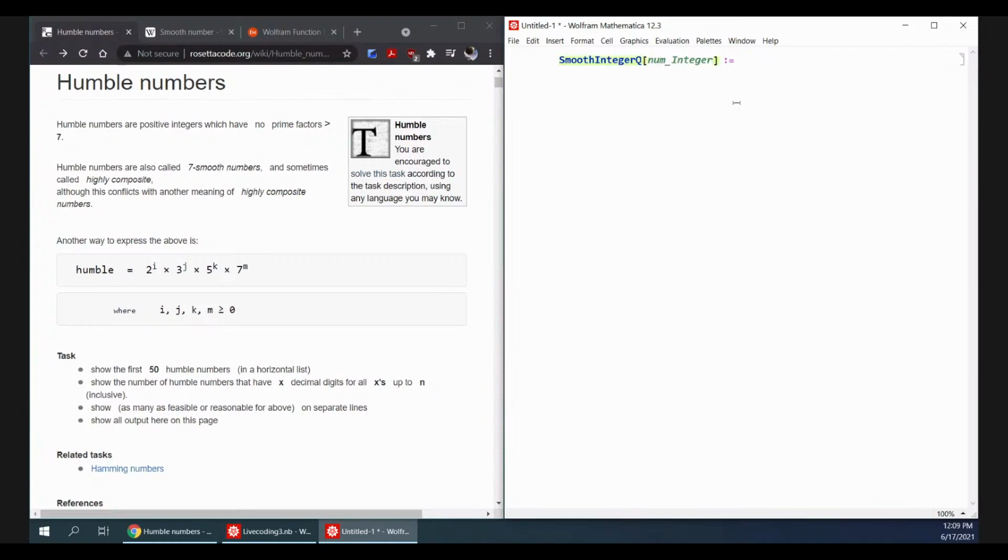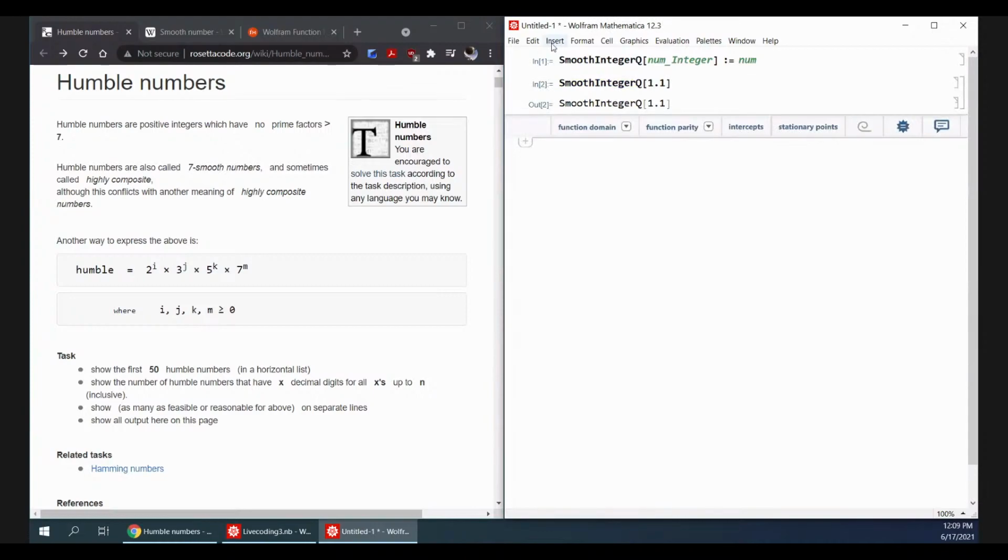So if you try to test this function right now and you type in 1.1, it's not even going to evaluate. It would return unevaluated because we haven't defined a definition for things other than integers. Okay, I understand. And that's right for numeric functions like this.